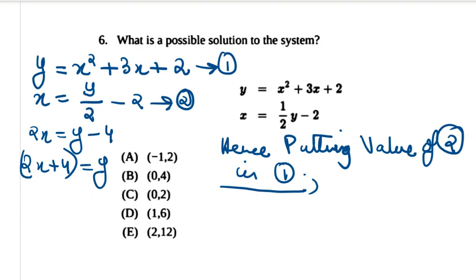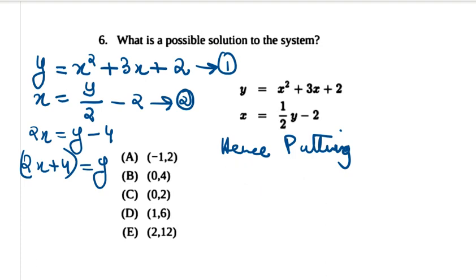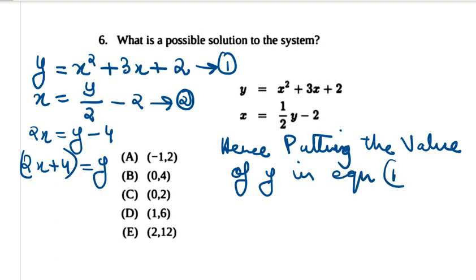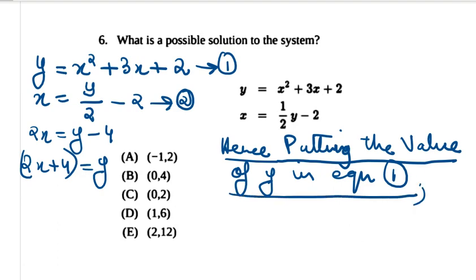We can write putting the value of y in equation 1. Okay, we are putting the value of y in equation number 1. Alright, so let's put the value of y in equation number 1.